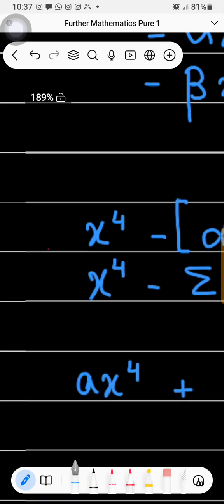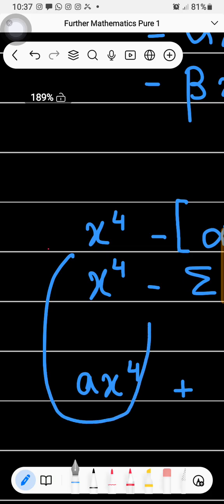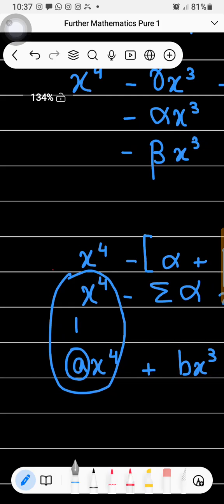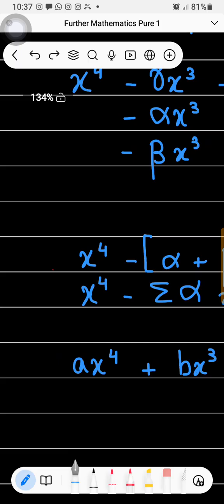If we notice, to compare both of these, here I want one as the coefficient. How can I get 1 instead of a? We will divide the complete equation by a. When we divide it by a, the a and a get cancelled and here it becomes 1.